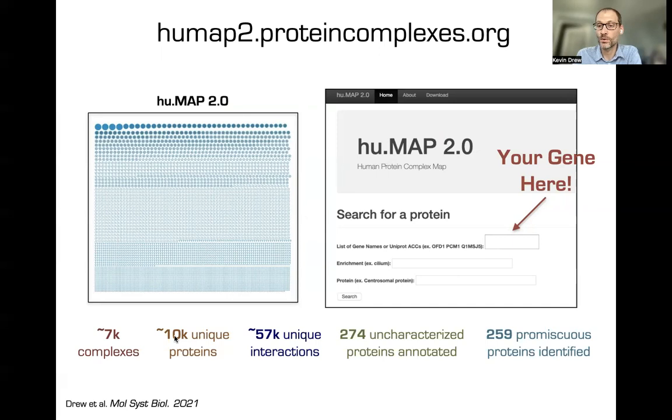It covers about half of the human proteome, so about 10,000 unique proteins, about 57,000 unique interactions. Again, we've transferred annotations for over 270 highly uncharacterized proteins, and identified over 250 promiscuous proteins. This work was recently published in Molecular Systems Biology, and so you can see more of the details there.